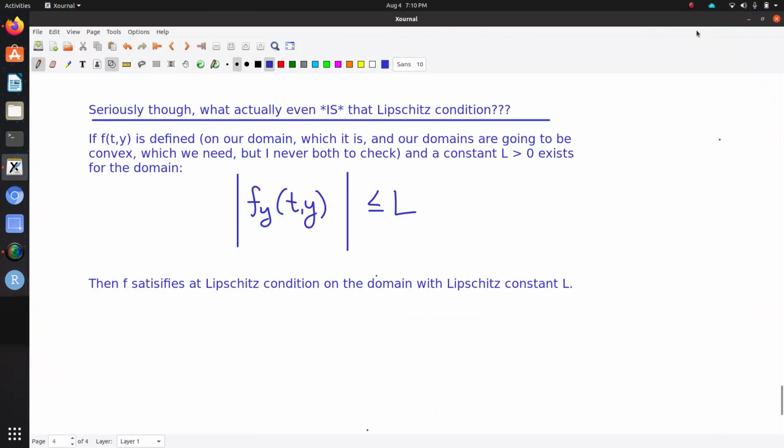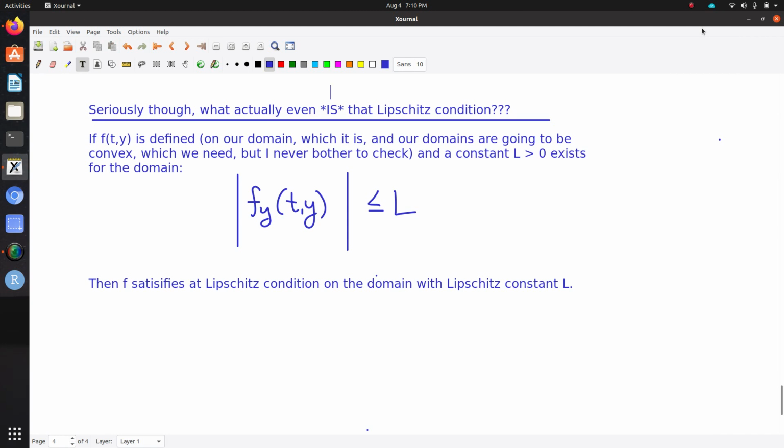Okay, so what is the Lipschitz condition really? Well, if your f is defined on our domain, which it is, and our domains are going to be convex, which we need, but I never bothered to check. Okay? And apparently I can't pause this. There we go. I hate typos.